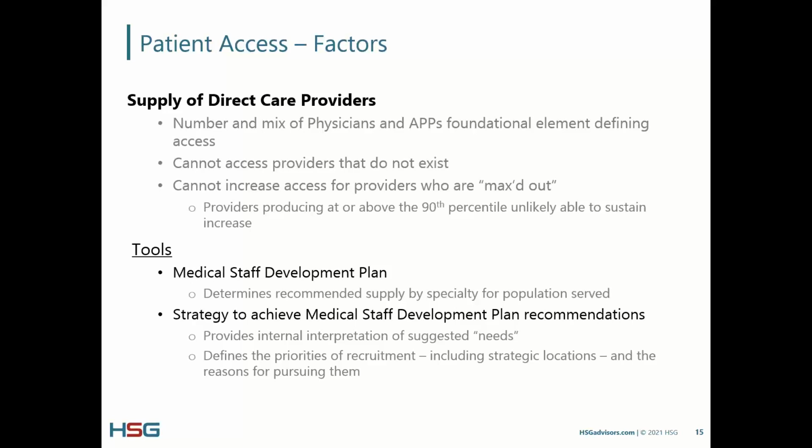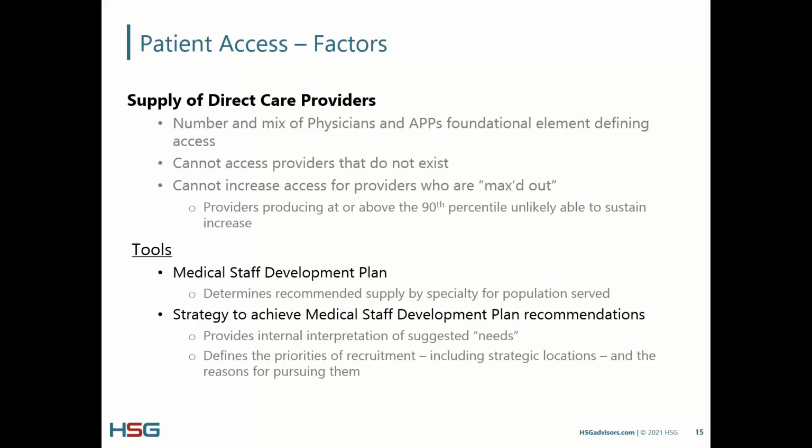You really need to apply an internal interpretation of the suggested needs in a needs analysis and define the priorities for recruitment, including strategic locations or strategic increases to target service lines that you want to target.